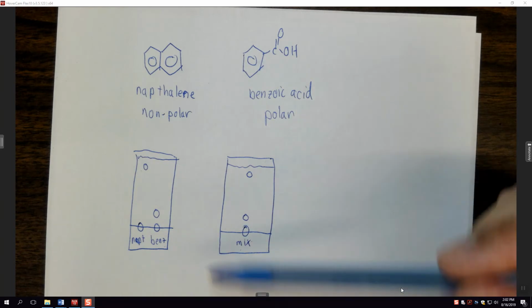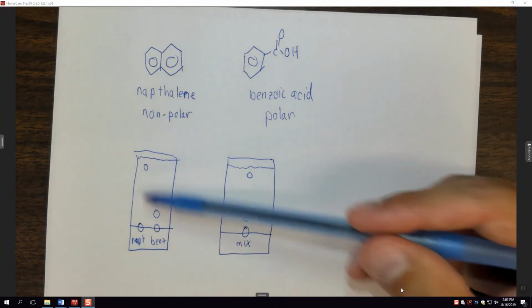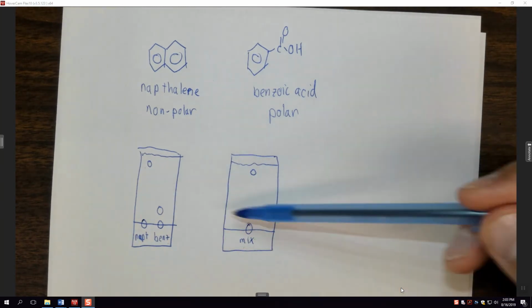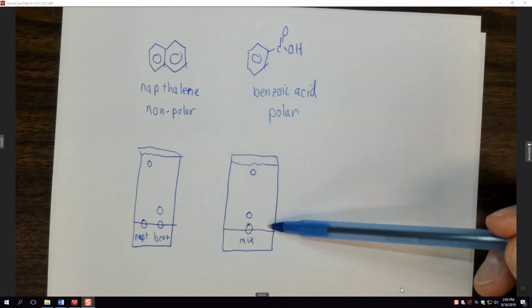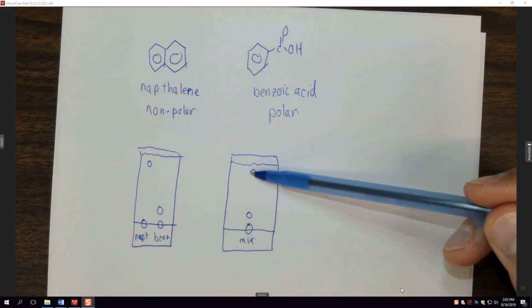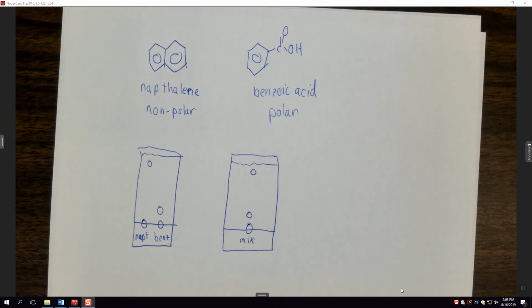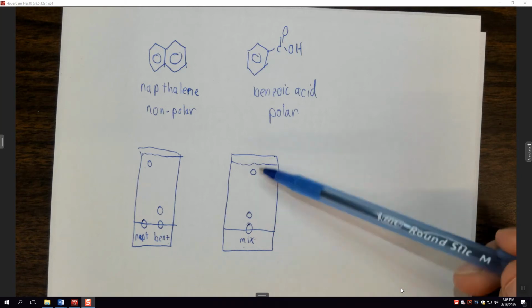Furthermore, if we elute the naphthalene and benzoic acid separately, and then elute the mixture, the distance the benzoic acid travels is the same in both cases, and the distance that the naphthalene travels is the same in both cases, which at least gives us some idea of identifying that this mixture contained benzoic acid and naphthalene.